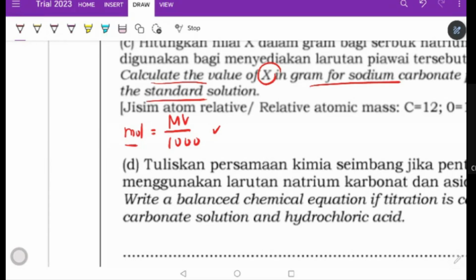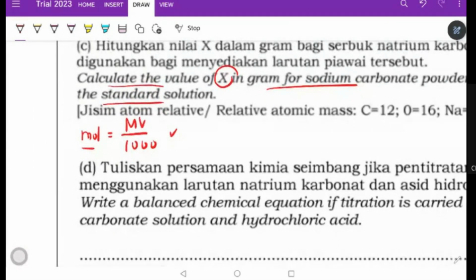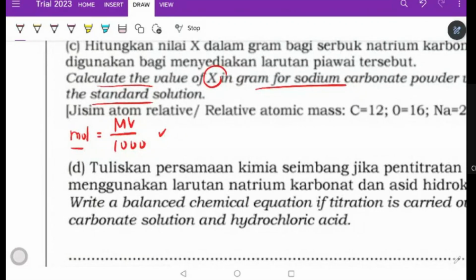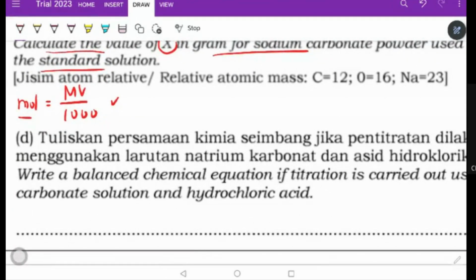Berapa? MV over 1000. You look at your own book lah, Ahmad. You have the book, right? Also not clear, right?